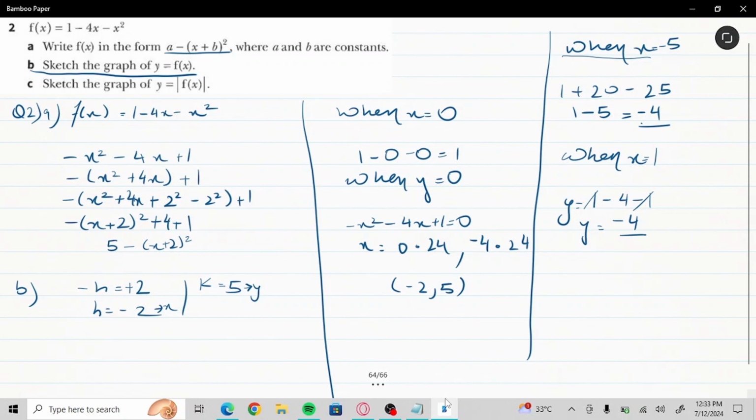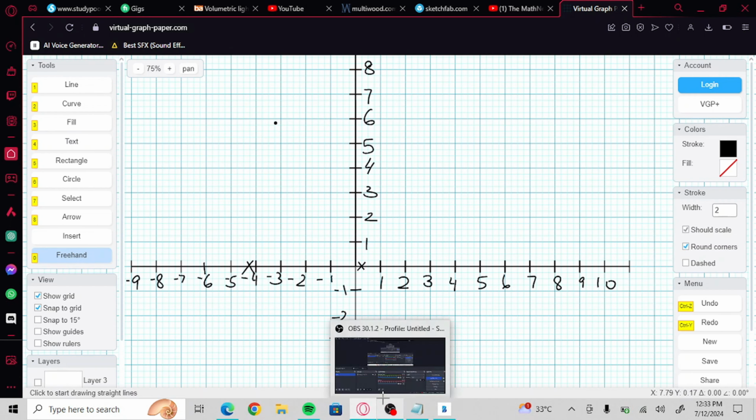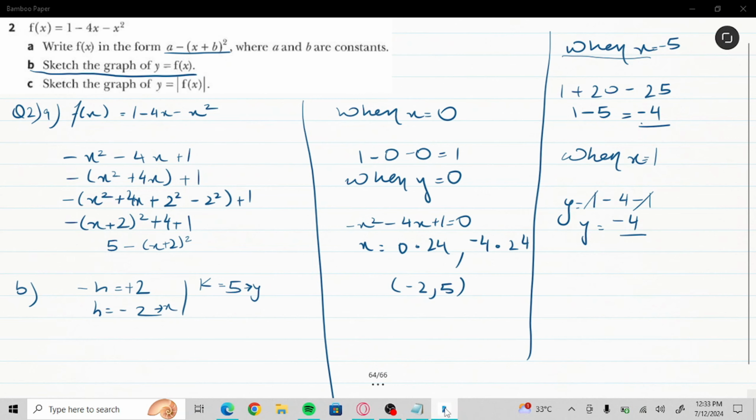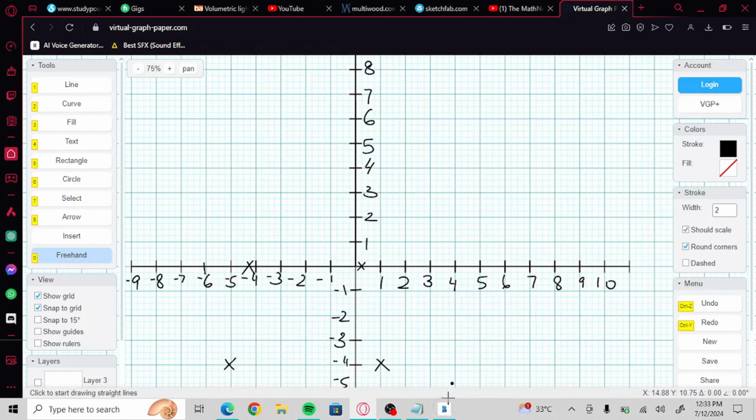For both, we have the values -4. So what I'm going to do is plot these points, (-5, -4) and (1, -4), and then mark my maximum point. So it's (-2, 5) all the way up till here.